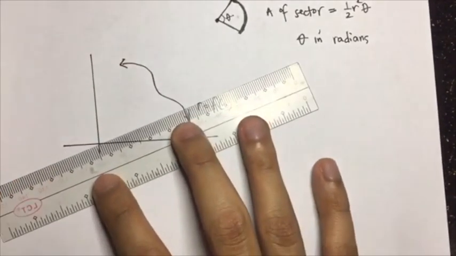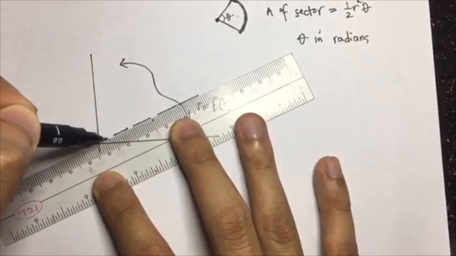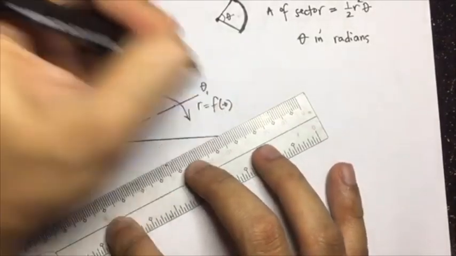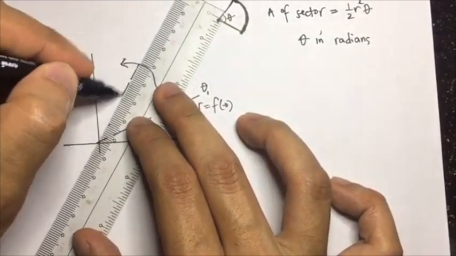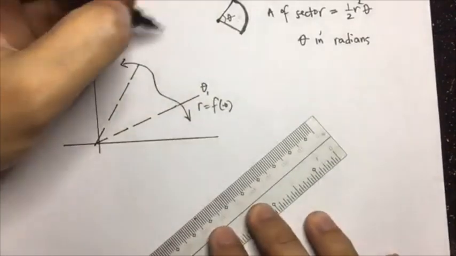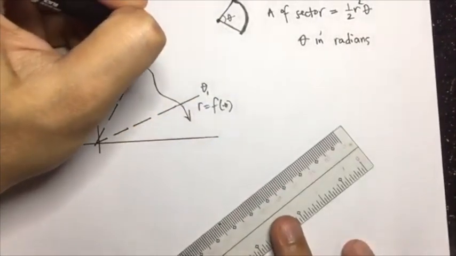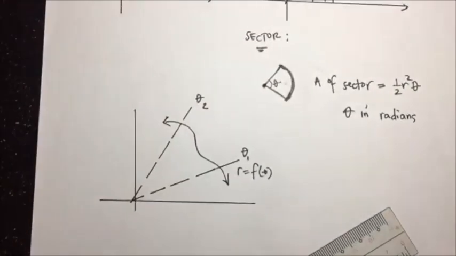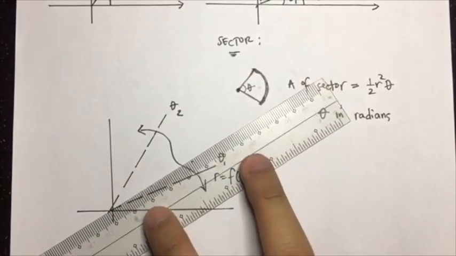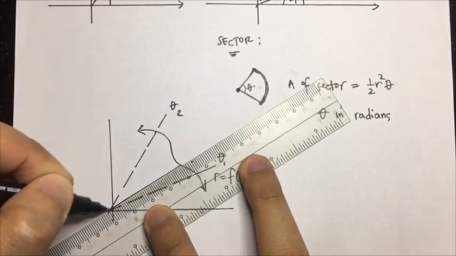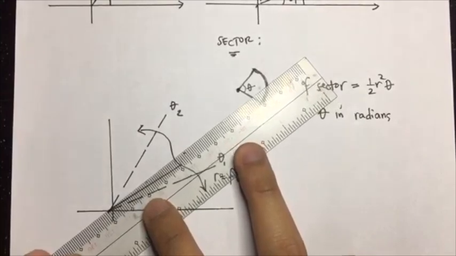From this one here, our theta initial, and then here our theta final. What we're going to do is draw a strip that is in the shape of a sector.